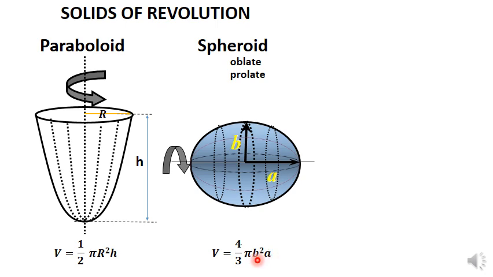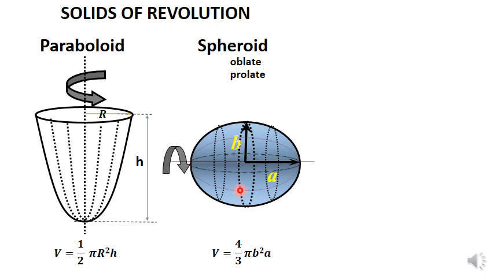So the formula is not difficult to recall because you only have to recall the volume of the sphere, and you only provide a second power to the axis that generates the circle. The axis that generates the circle here is the semi-minor axis B. So that is why we have here B squared times A.